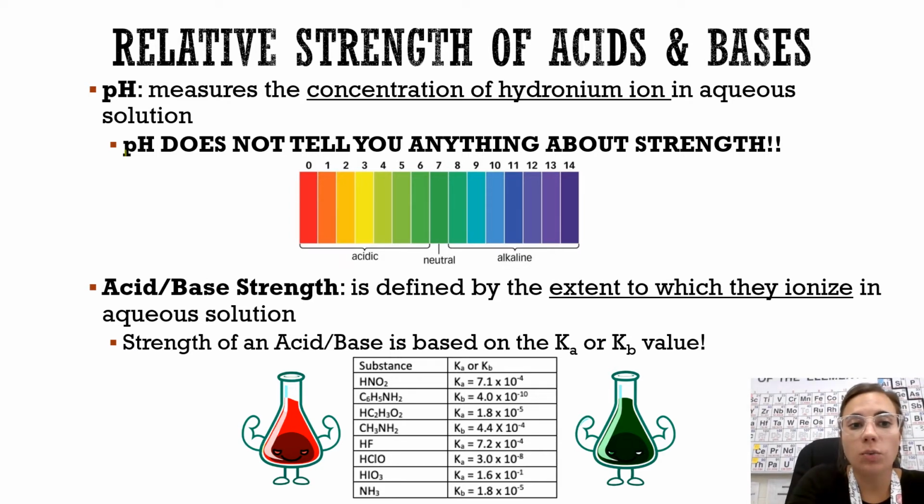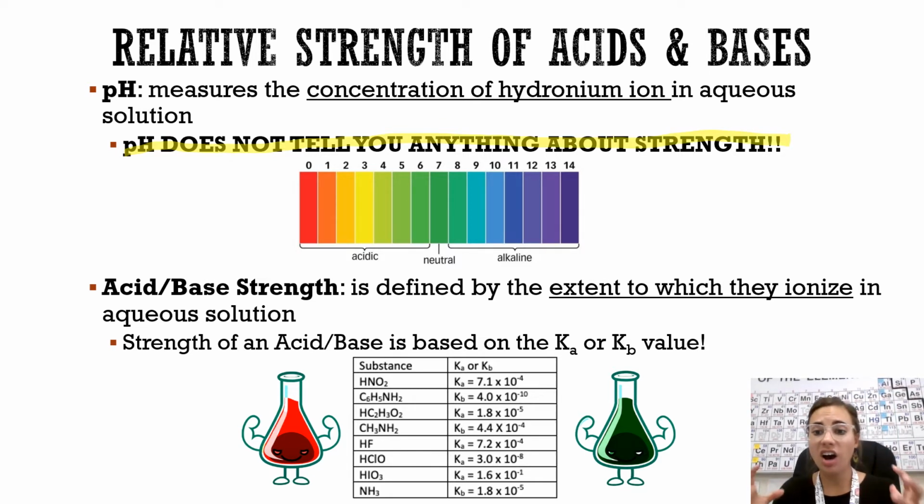The reason why is I could put a ton of a weak acid into a small container and I would have an extremely low pH because it would be so concentrated, okay? So by me saying, oh, it's a pH of 1, that's a strong acid. No, it's a pH of 1. It's a very acidic solution with a lot of hydronium. It does not mean it's strong, okay?